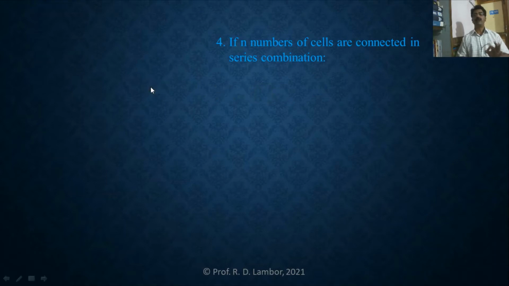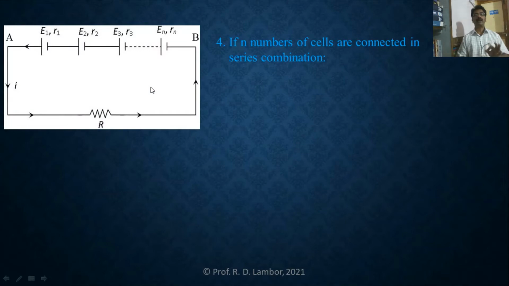So let us refer to a circuit diagram in which n number of cells are connected in series combination between the two common points, point A and point B, along a single electrical path between the points A and B. Each cell has EMF E1, E2, E3 and En, and internal resistances R1, R2, R3 and Rn.